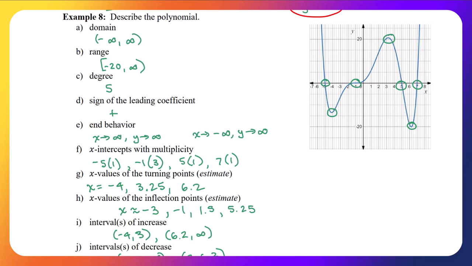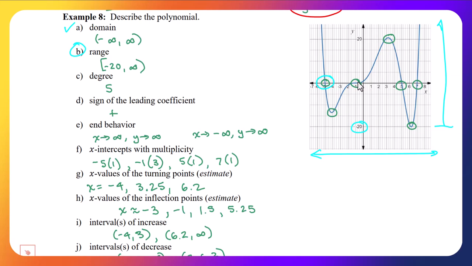For this last question, we have everything to talk about. Domain, it goes forever to the left and right. Range, the bottom is here, and so that's at -20, and it goes up to infinity.